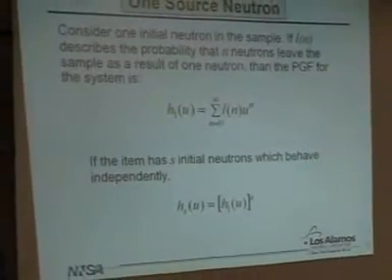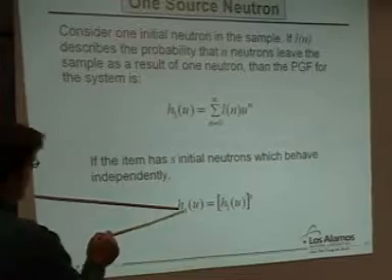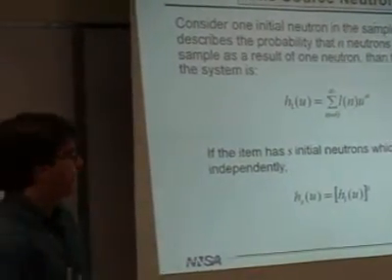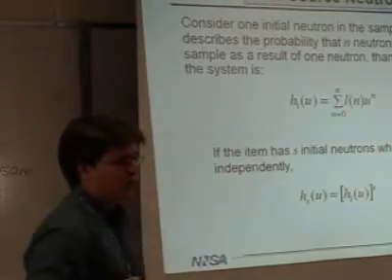So this is basically just telling you how, when you start with, in this case, one neutron, how many neutrons come out. What happens in the sample with that one neutron?